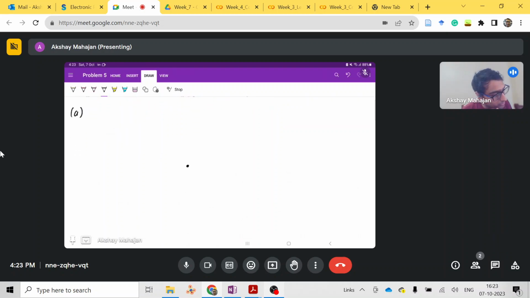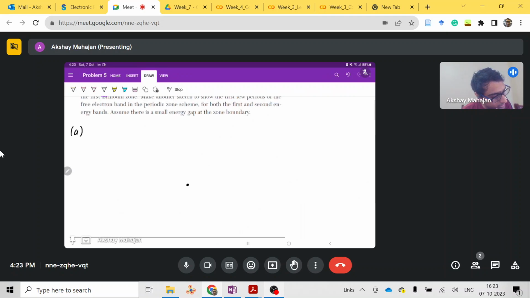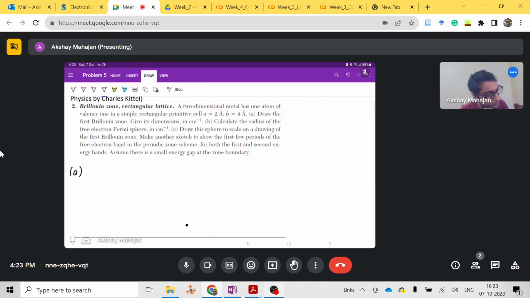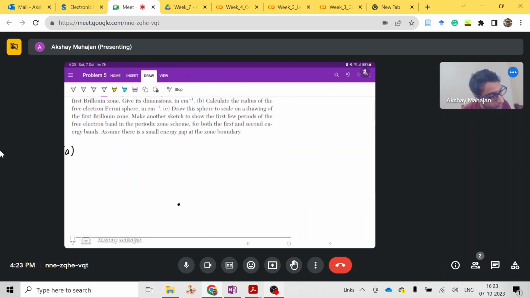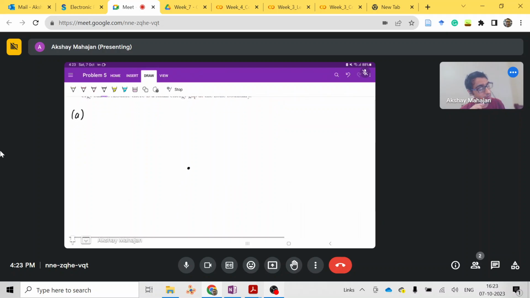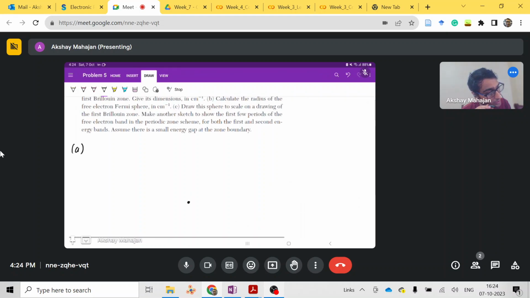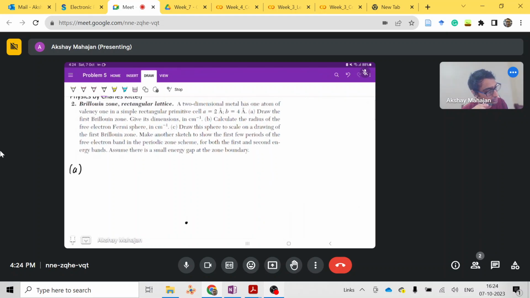So it will be 2 pi by a, and along b it will be smaller.